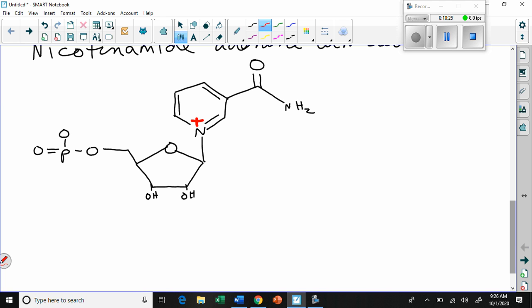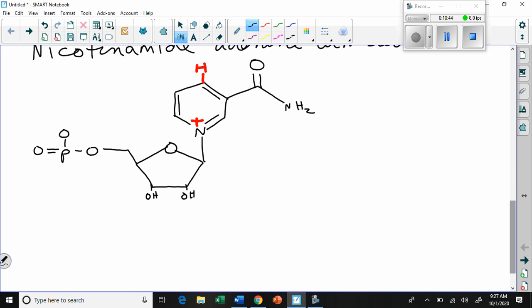And even though I'm not drawing all the hydrogens in all the other spots, I'm going to draw one right here at the top. That's the action site of this molecule. That's what's going to change after. And then we'll come back to that after and fix that up.